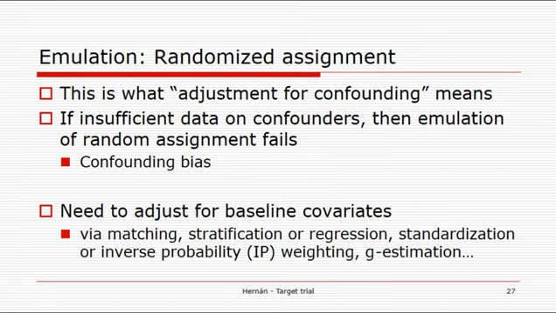Okay, the randomized assignment. In the target trial, treatment is randomly assigned. In the observational study, it's not. And of course, this is the main difference between a true randomized trial and the observational study. How do we emulate randomized assignment in an observational study? Well, this is what adjustment for confounding does. When we say we are adjusting for confounding, what we mean is we are trying to emulate the randomized assignment of the target trial.